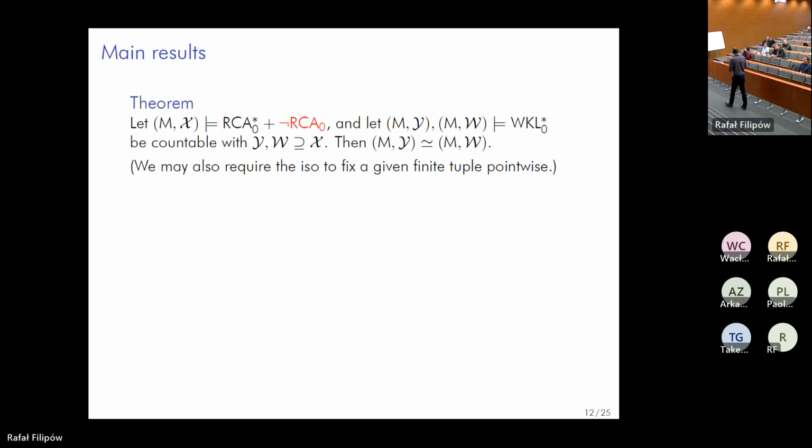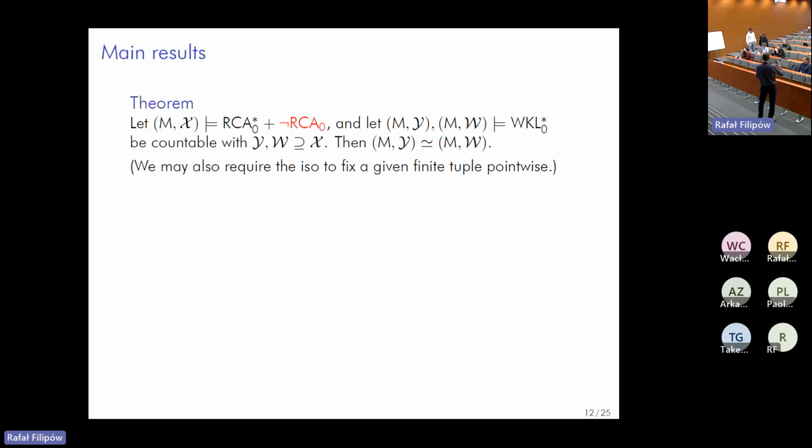So this leads me to the main result of our work, which was a major surprise for us, I have to say. We discovered this in the context of investigating the reverse mathematical strength of some Ramsey theoretic statements, and we just stumbled upon this and realized that this happens eventually.